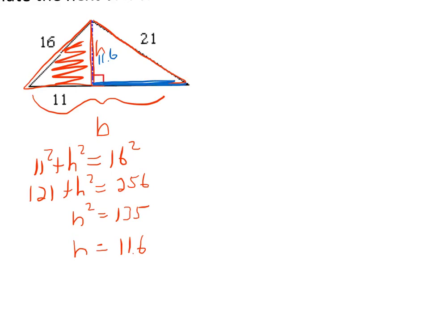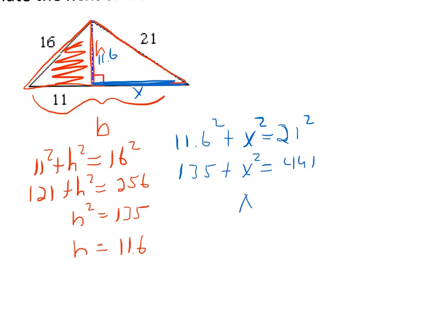And I would say that, I'll call this an unknown x. 11.6 squared plus x squared equals 21 squared. 11.6 squared is 135 plus x squared, this is a 2, equals 441. Subtract 135 from both sides, and we get 306. Root both sides, and we get 17.5.